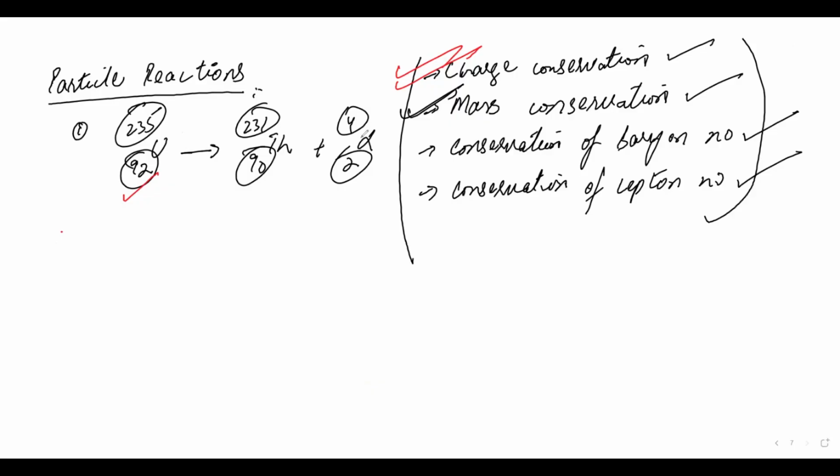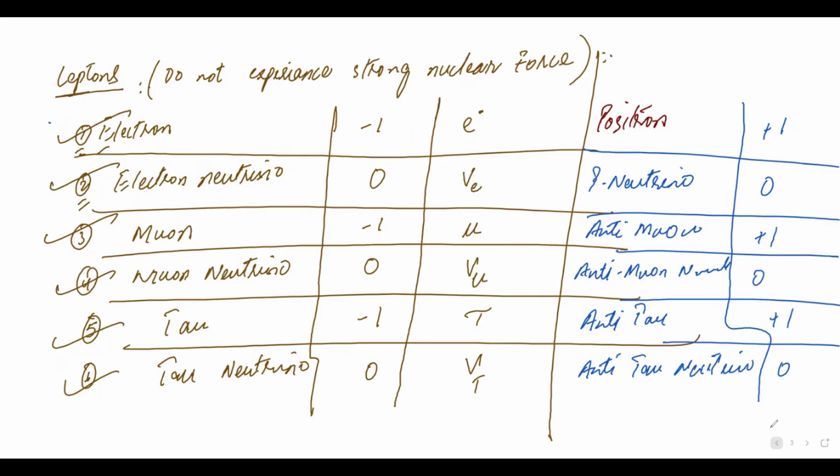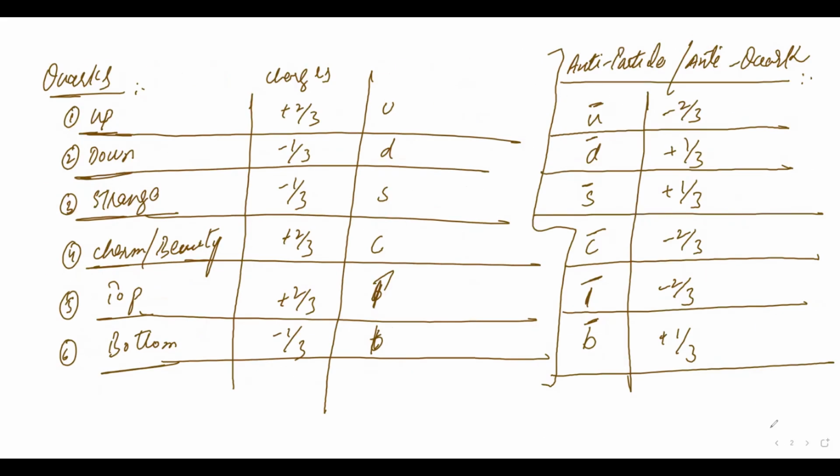But there are many other numbers. We don't yet know the lepton number of a baryon or of a uranium nucleus, so we need to talk about the lepton numbers of the fundamental particles as well.